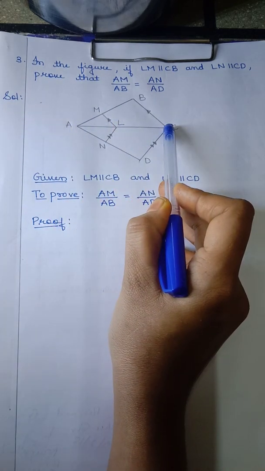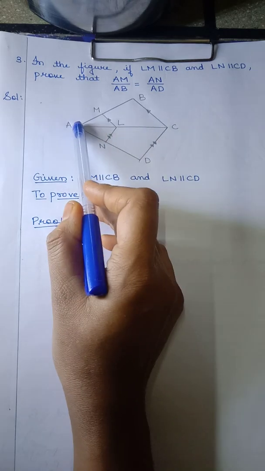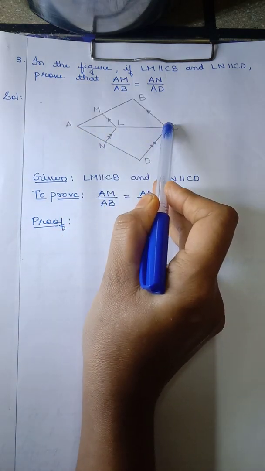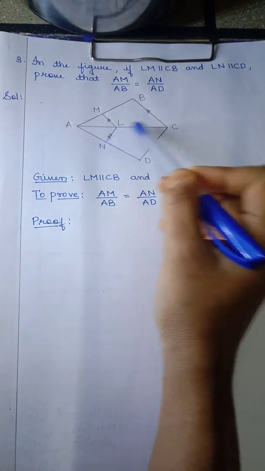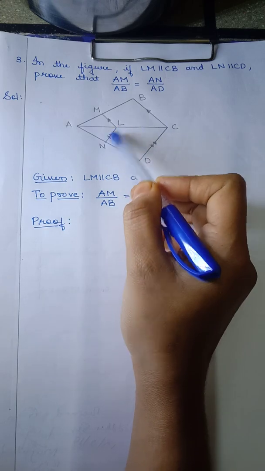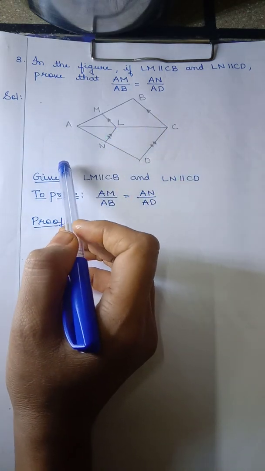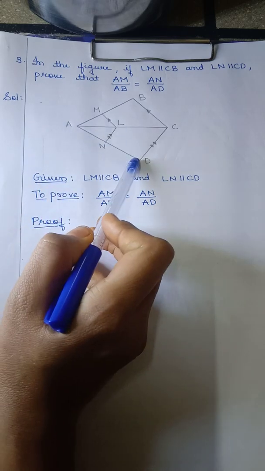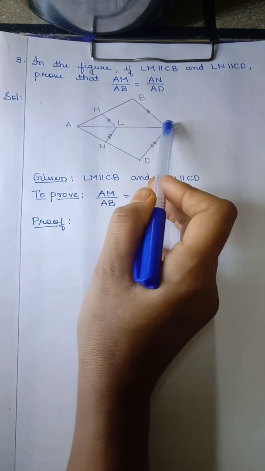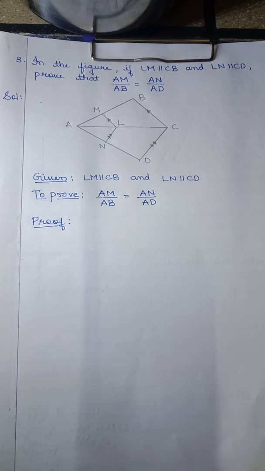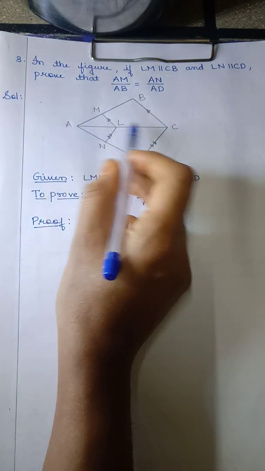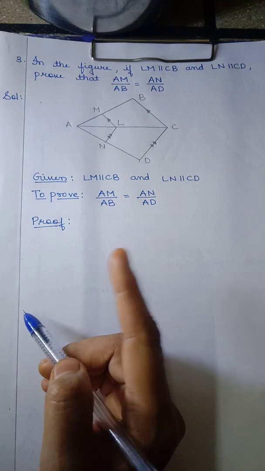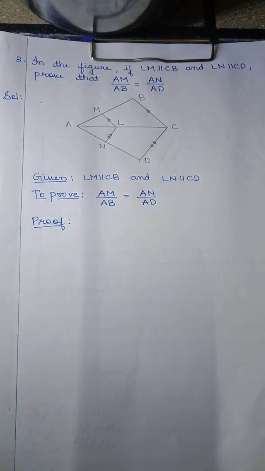So that will be your first equation. Similarly, you can see the triangle ADC. In triangle ADC, LN is parallel to CD. So again by Thales theorem, we will have AN by AD is equals to AL by AC. That will be your second equation. So in both the equations, you will have AL by AC equal. So therefore, the other side also will be equal.